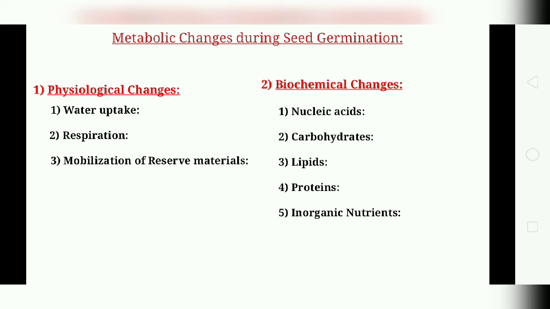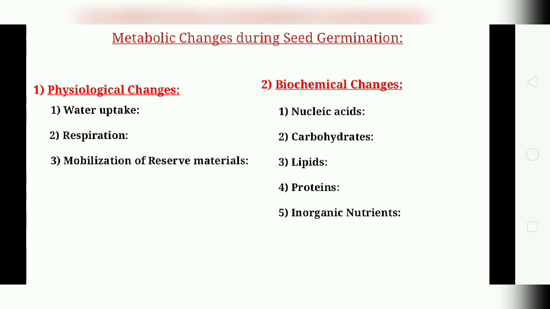Next is the lipid. In many plants like castor bean and peanuts, we store a large amount of lipids or fat as a reserve food in the seeds. During germination, the fats are hydrolyzed into fatty acids and glycerol by the lipase enzyme.